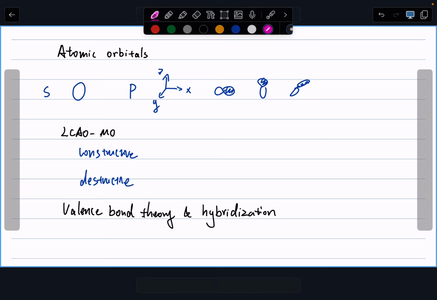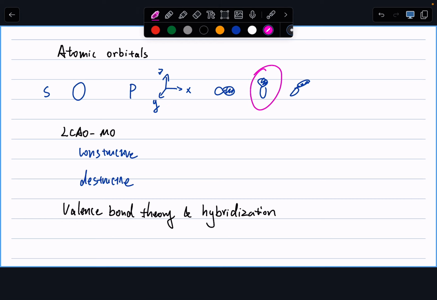I'm just going to randomly pick, let's say, my pz atomic orbital as an example. A constructive interference would mean these lobes will align with each other. If you imagine this one to be one of my carbon atoms and this one another carbon atom, the overlap of these atomic orbitals gives you a bonding molecular orbital.